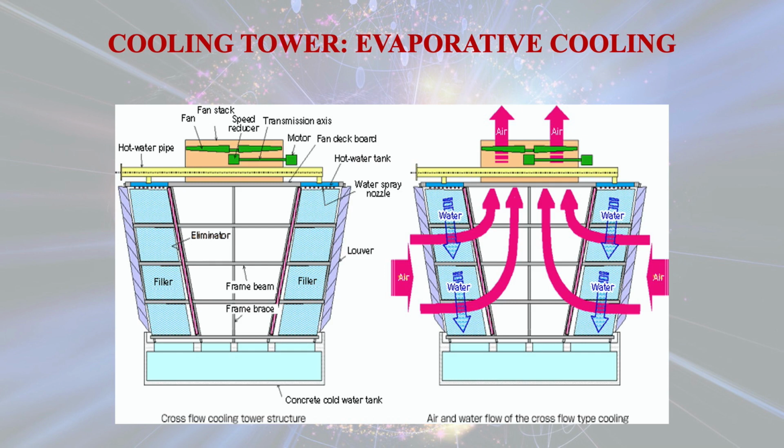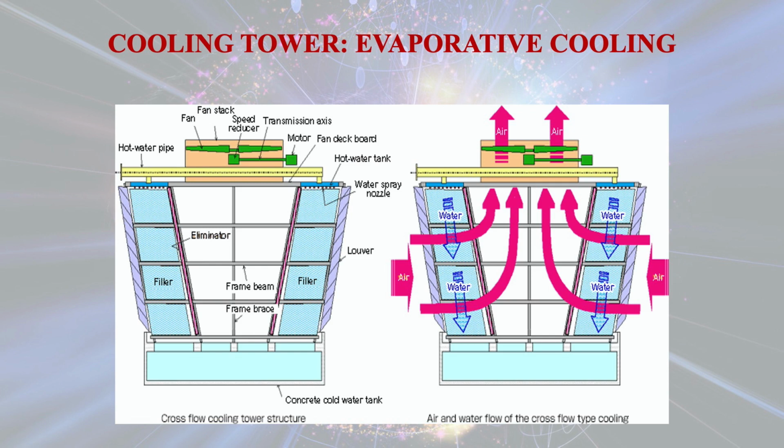This is another diagram for the cooling tower, and it is evaporative cooling. Just see the diagram very carefully. There is a draft fan on the top and air is sucked from the downward inlets, and you see that the air is entering on the sideways and water is falling from the top of the tower in the downward directions.